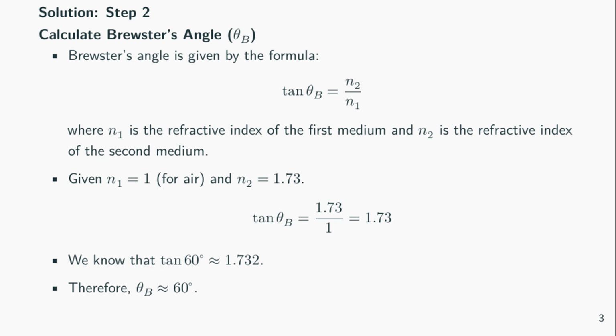The light is hitting a medium with a refractive index of 1.73, so n2 is 1.73. Plugging these values into the formula, we get the tangent of theta b equals 1.73 divided by 1, which is just 1.73. Now we need to figure out which angle has a tangent of approximately 1.73. If you check your trigonometric values, you will find that the tangent of 60 degrees is approximately 1.732. So based on this, Brewster's angle theta b is approximately 60 degrees.